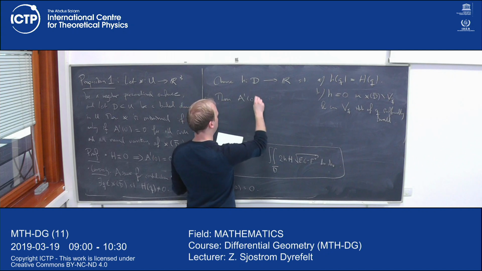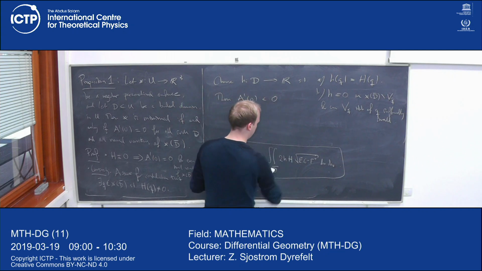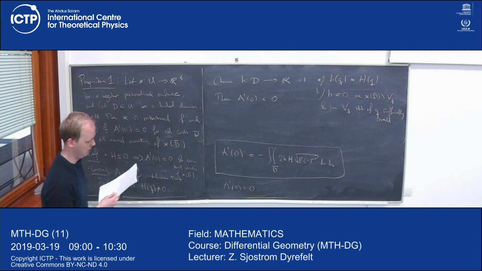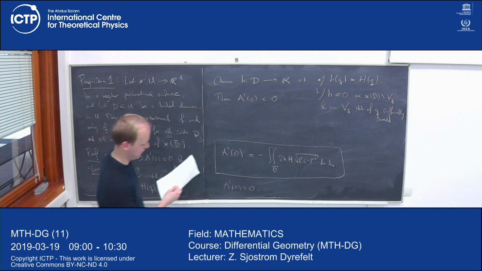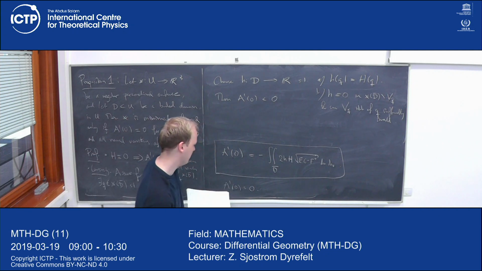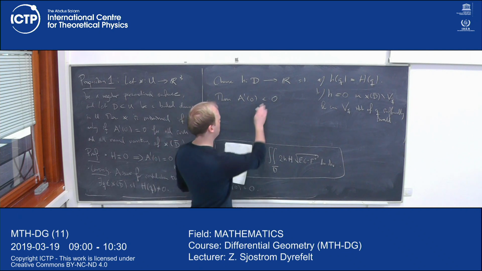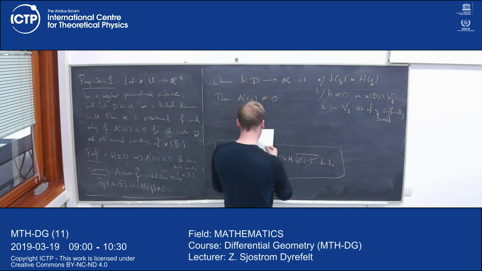And then A prime of 0 will be strictly less than 0. So let me just write it like this.